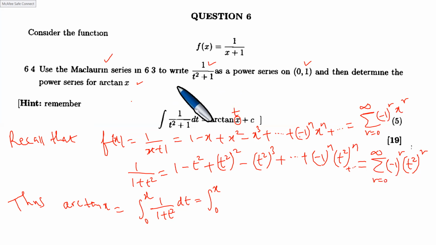So from t we need to get arctan x. From t we need to get x. So we have t here, so the x can only be brought in as a limit of integration. Okay, that's the point. But if it's brought in as a limit of integration, then what is the 1 over t squared, etc.? It is the power series. So it is t squared here.